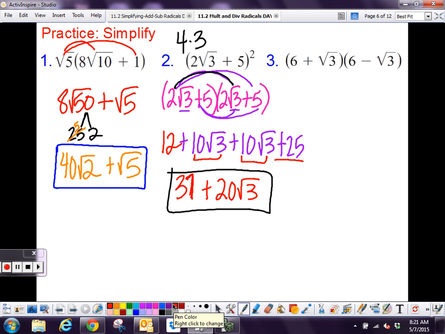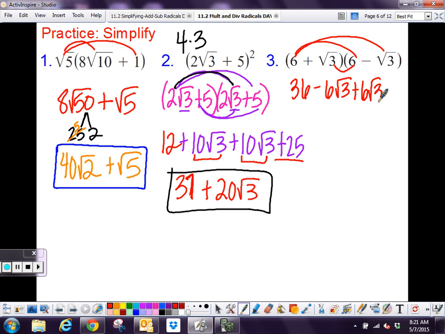All right, number 3. So I've got the first, 6 times 6, that's 36. Now I have the outside, 6 times a negative root 3. That's just going to be minus 6 root 3. Now I'll do the inside, root 3 times 6, so that's going to be 6 root 3. And then I do the last. So root 3 times a negative root 3.